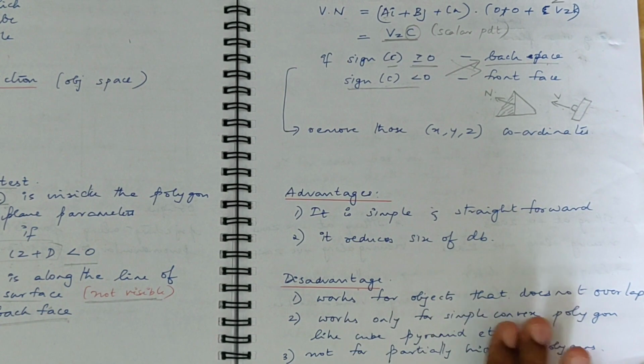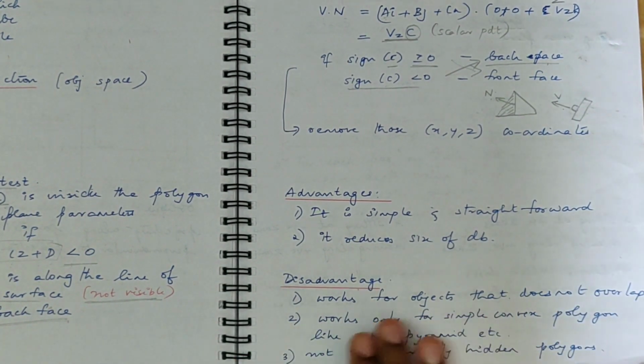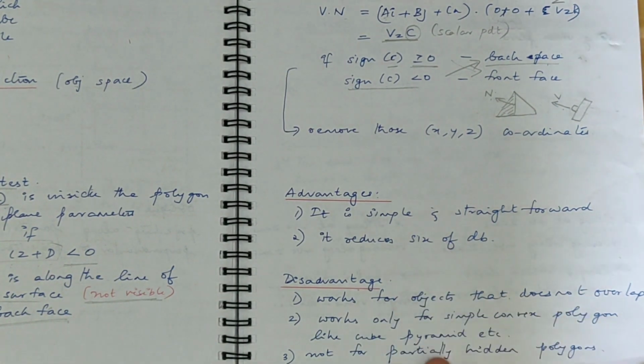You'll only get 50% accuracy for whatever you determine as hidden, that is front face and back face. You will not get full accuracy.